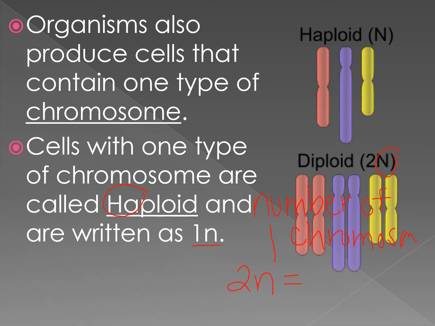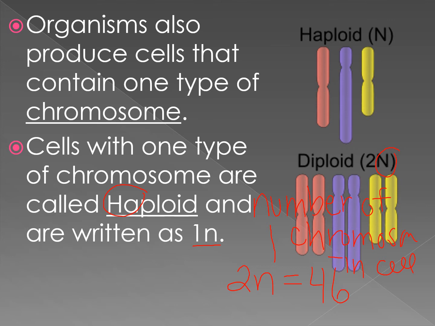As humans, we have 46 chromosomes in each cell, okay? So the N is the number of chromosomes in each cell. We have 46.